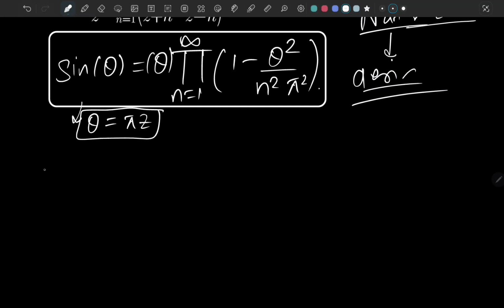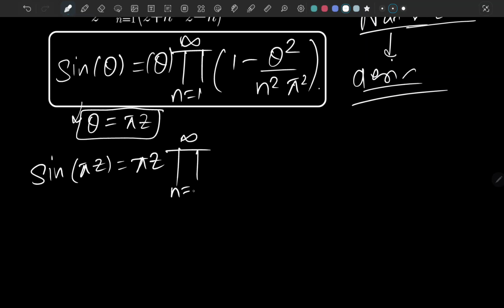So basically we have sine of pi z equals pi z times the product as n goes from 1 to infinity of 1 minus, if we plug in here, pi squared z squared over n squared pi squared, so this pi squared cancels out and we are left with z squared over n squared only.